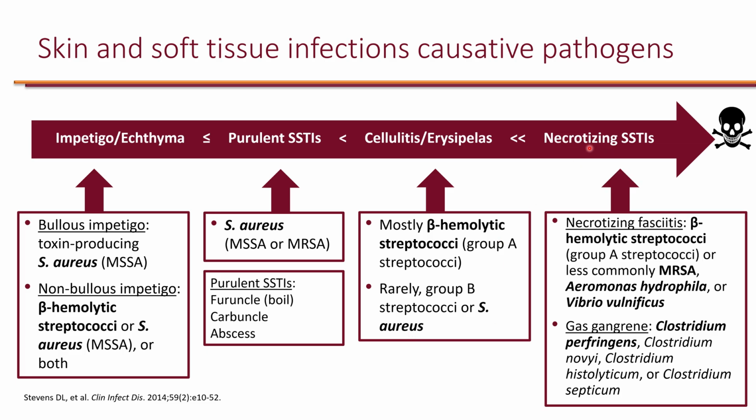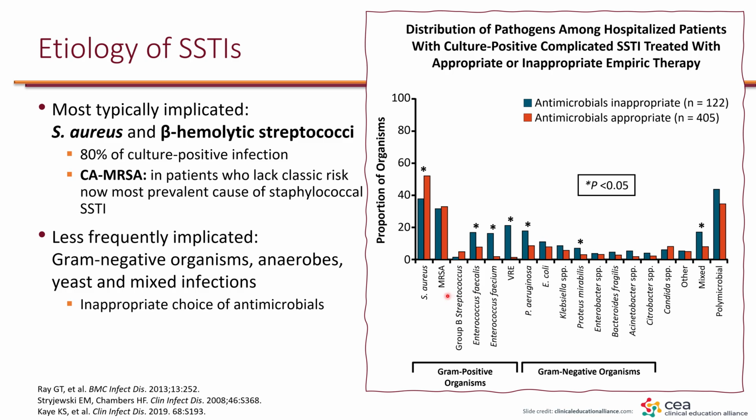And the most severe, necrotizing fasciitis, is typically due to beta hemolytic strep, and is commonly due to MRSA, Aeromonas, or Vibrio vulnificus. And when there is gas gangrene, that's typically due to Clostridia species. So Clostridium perfringens is one of the common causes of gas gangrene.